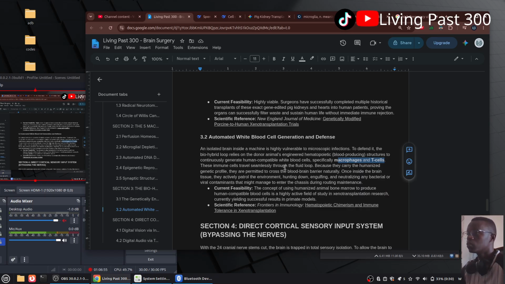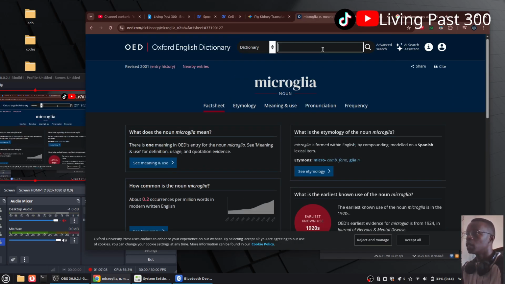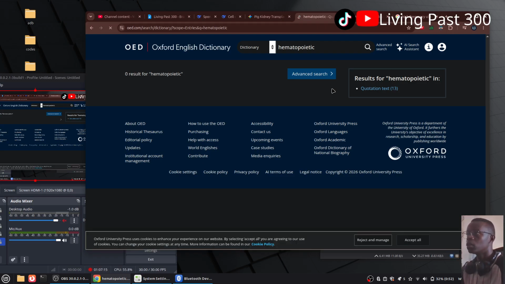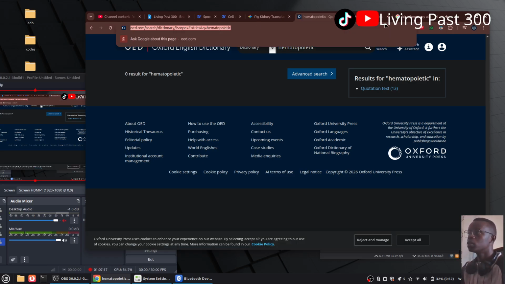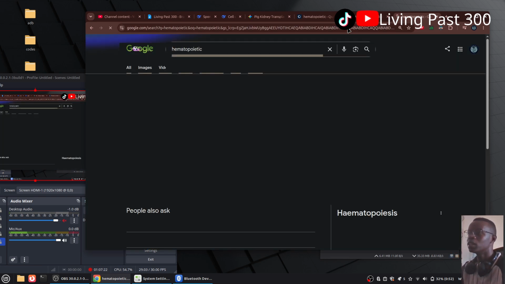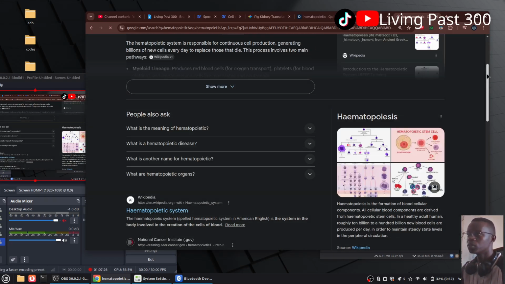Hematopoietic blood producing structures. Oh, so these hemato... Okay, I'm giving up. Oh, what? We don't have this word in the dictionary. Pronunciation.